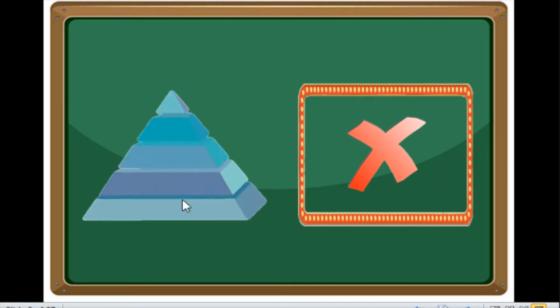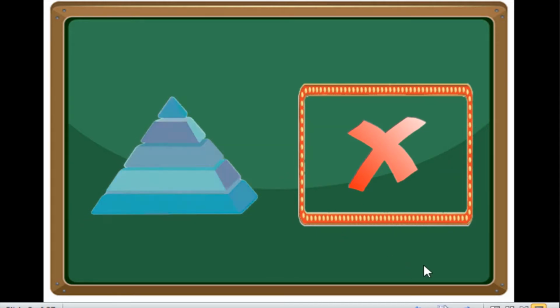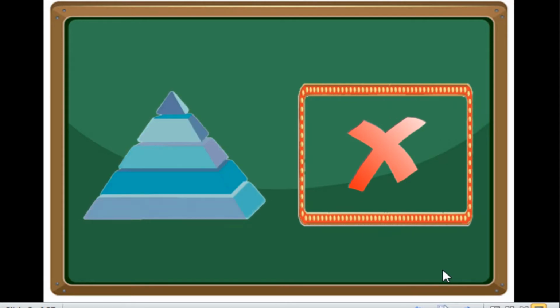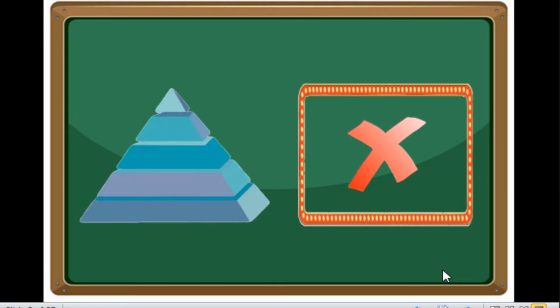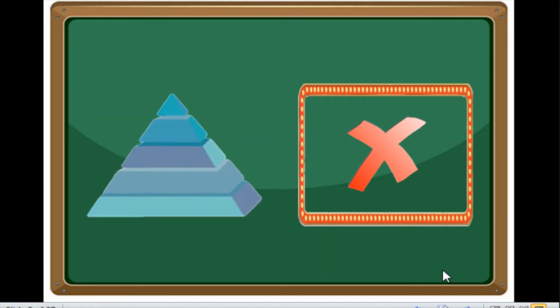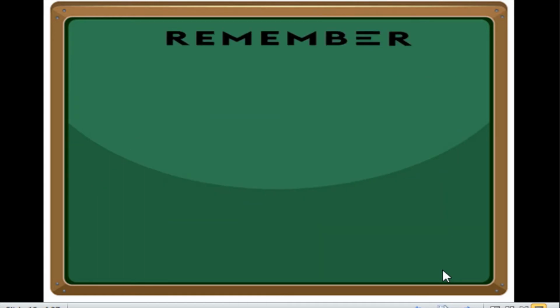From the figure itself, it is a triangle. It's not a quadrilateral. Can you follow? Just simply remember, equiangular quadrilaterals are shapes having 4 equal angles.